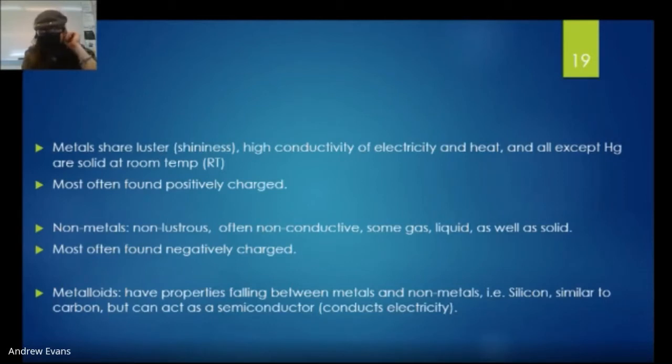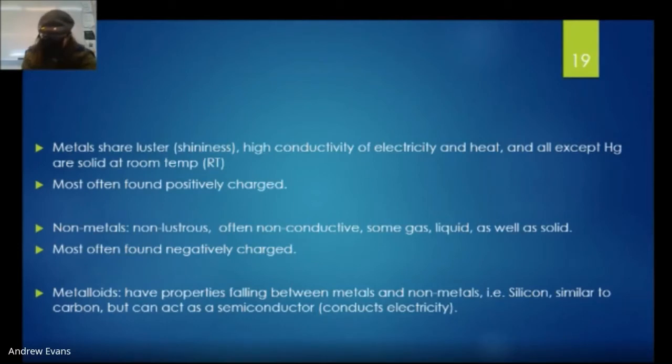And when we deal with most compounds, they'll typically be negatively charged, but it'll be dependent on what they're mixed with. And as I said, metalloids have properties between the two. They can make bonds like carbon, but they act as a semiconductor of electricity, like a metal.